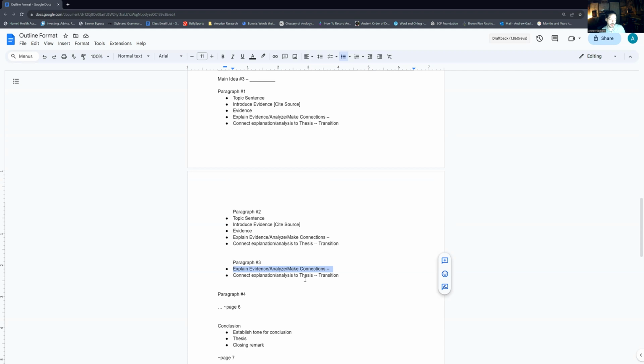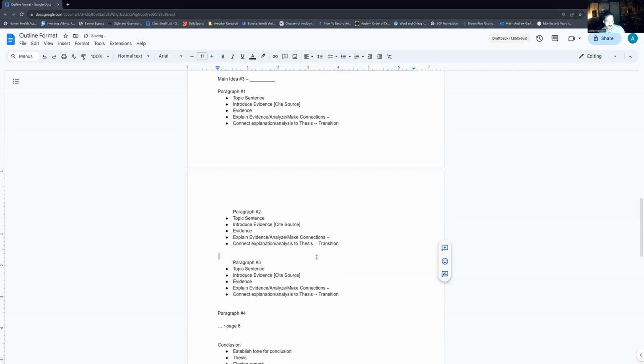Maybe that's all you need, where you're analyzing, making lots of connections, and connecting that analysis to the thesis. So you can have a paragraph that's just doing this. As long as in every paragraph you are contributing something to the discussion, then that's great.